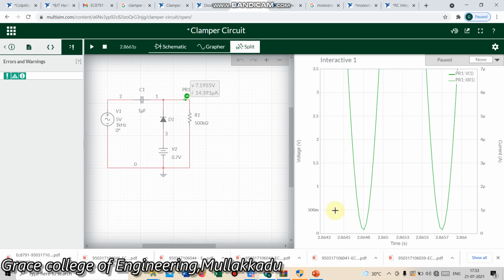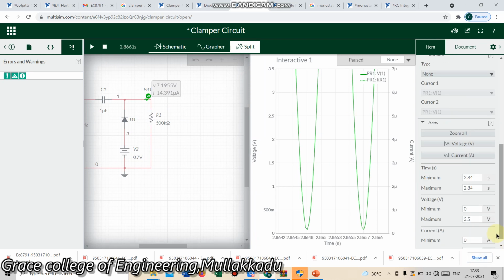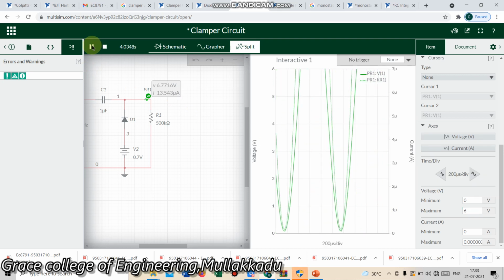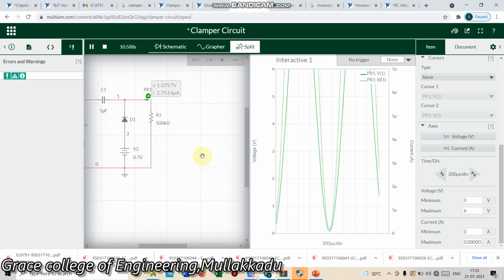But at the output side it is from 0 to 5. We can change the scale and see the output. Okay, it lies between 0 to 5 volt. This is the output for the clamper.